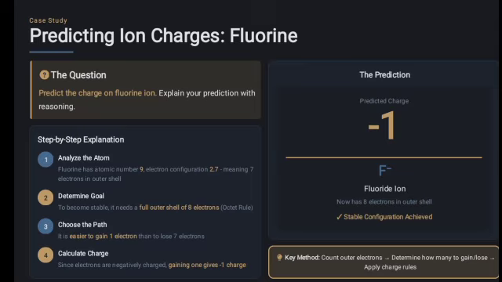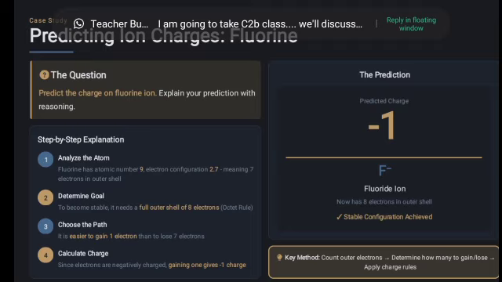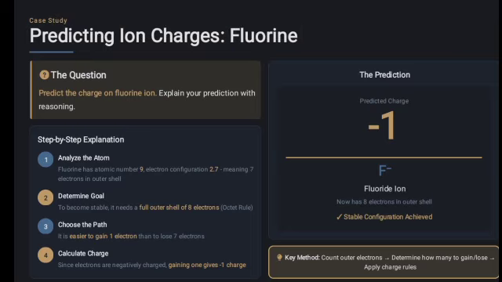Firstly, we have to analyze the atom. Fluorine has atomic number 9. Go to the periodic table and check the atomic number. Can any one of you tell me the atomic number of fluorine on your periodic table?